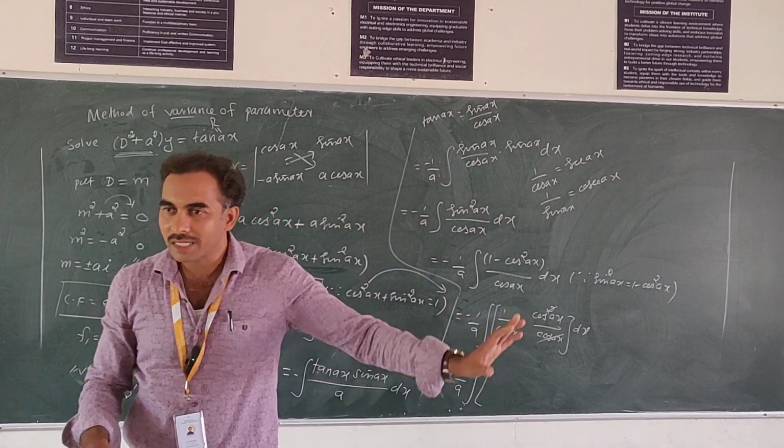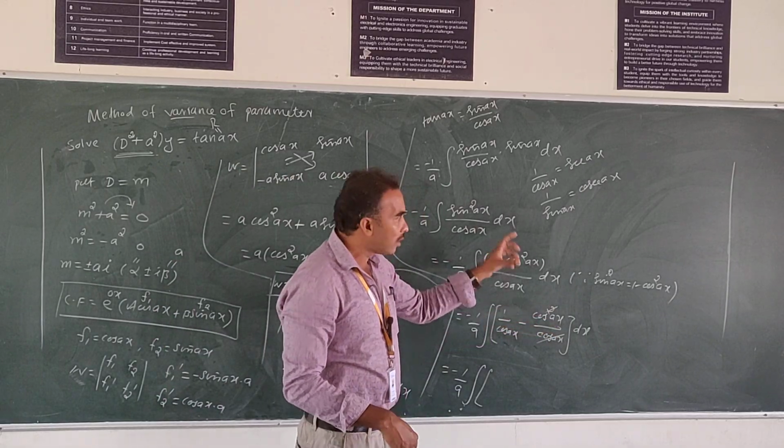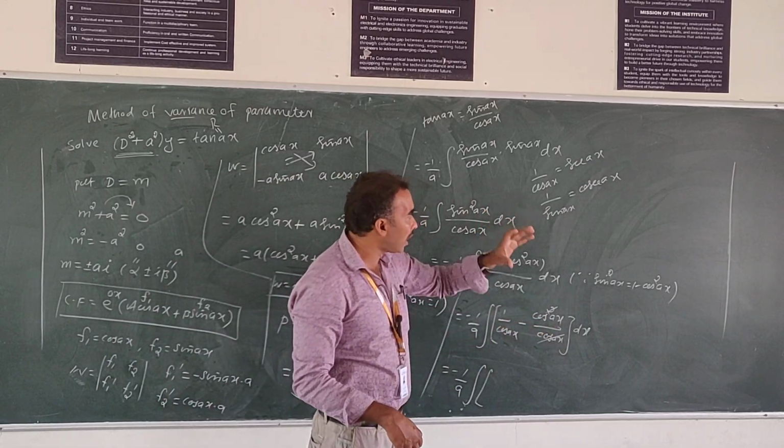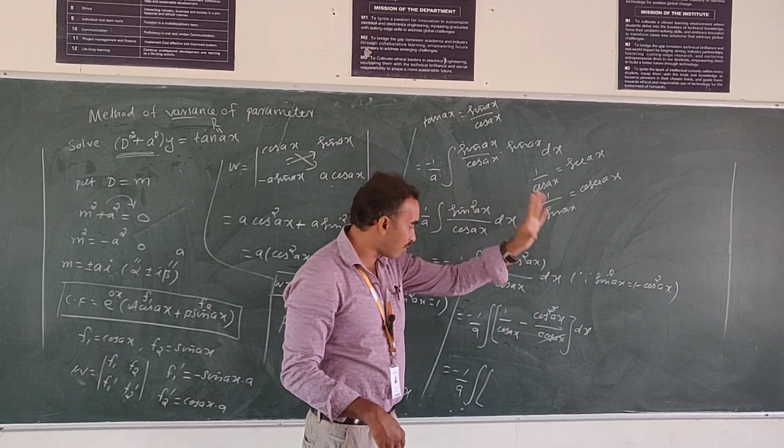These are all trigonometry formulas. If you don't know, just learn. You don't need to learn all the formulas, but you should learn the ones that help to solve the problem. Be careful, listen carefully.